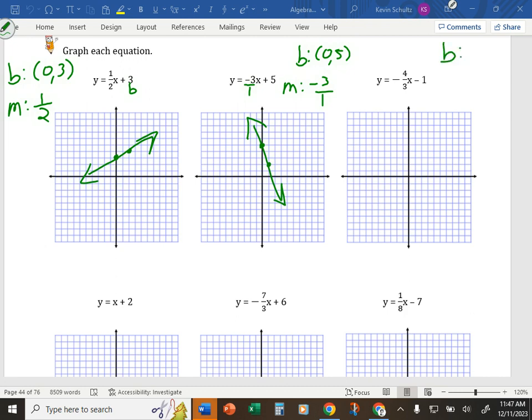That negative sign in front of the 1 matters. It means your y-intercept is negative. 0, negative 1. And then for the slope, it is negative 4/3. Which means it's very similar to the one before it, as far as the direction that we're counting.